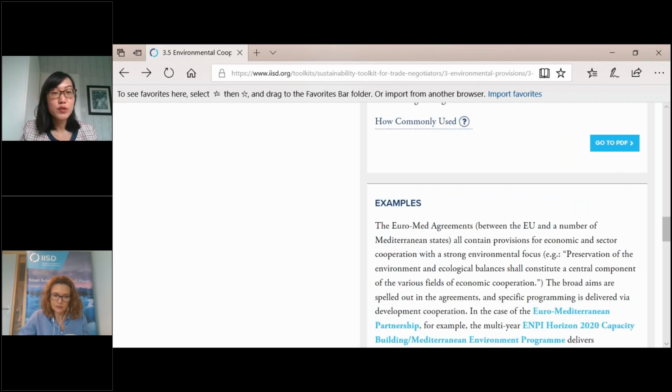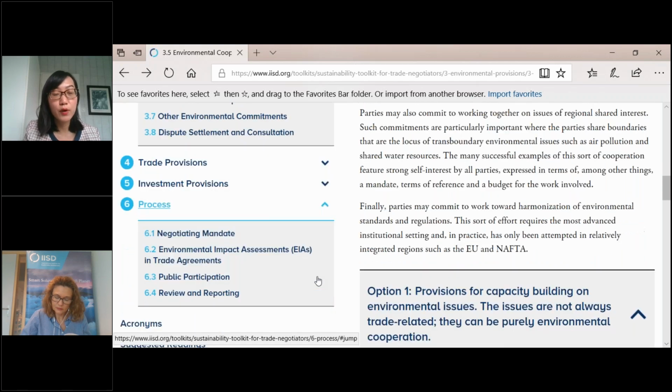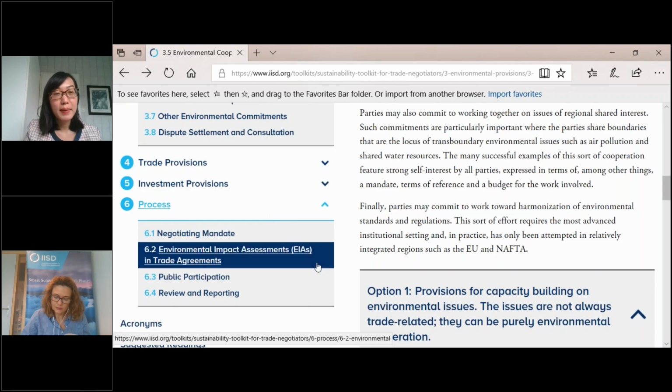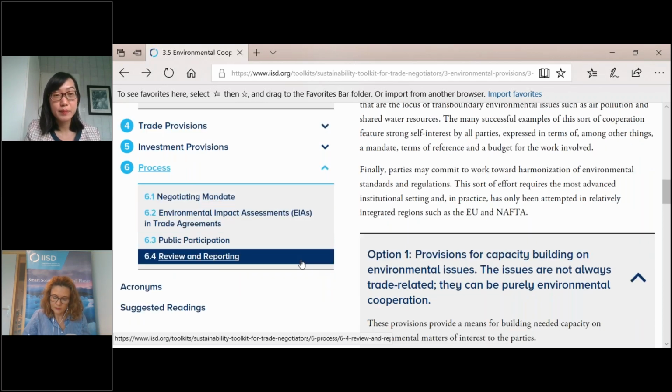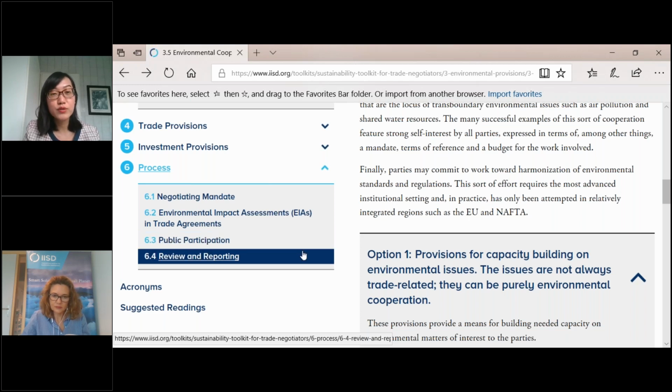And finally, we also have a small section on questions related to process. So how can we best conduct environmental impact assessments? How can we organize public participation and multi-stakeholder consultation? And also questions related to review, reporting, and evaluation, which are of growing importance to this agreement.